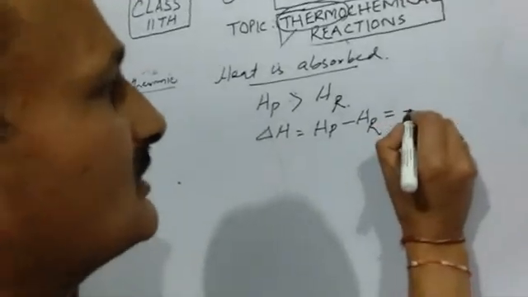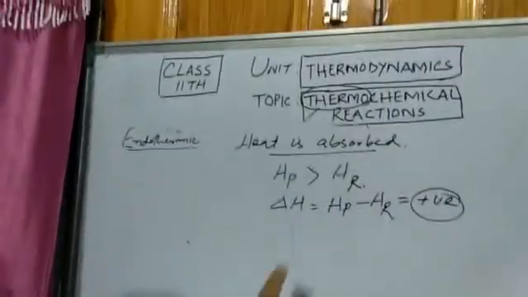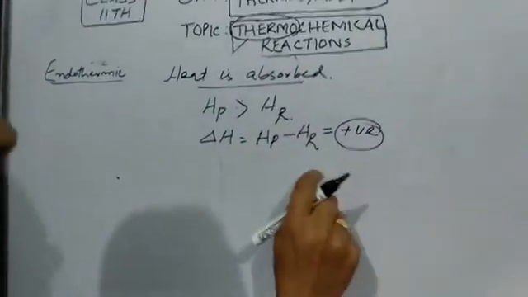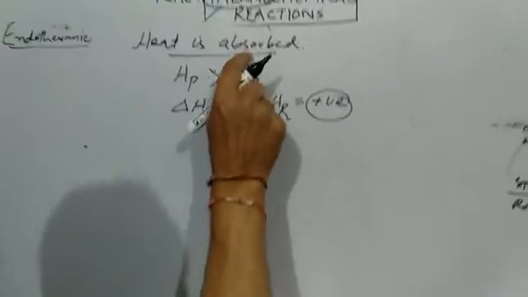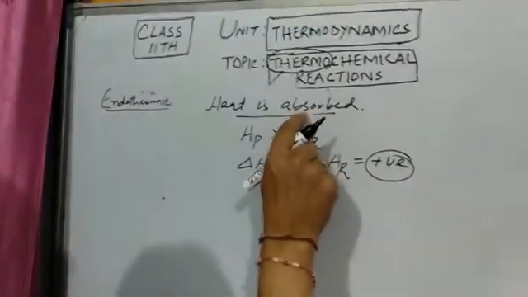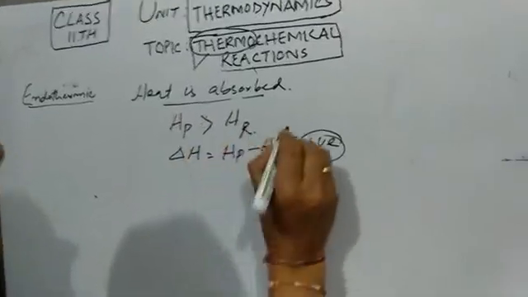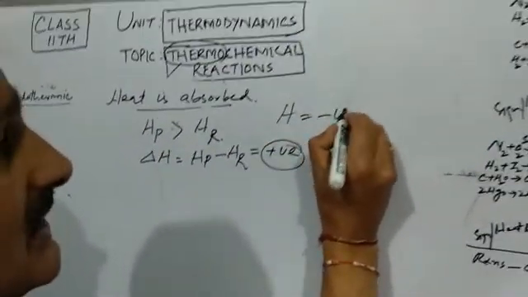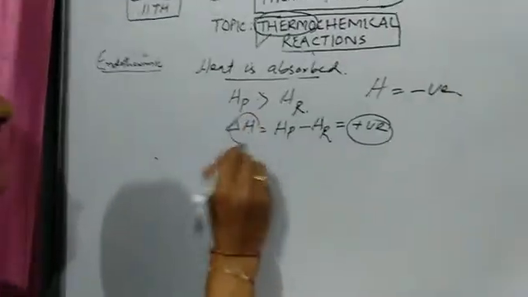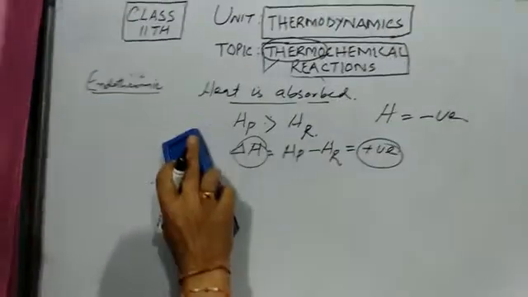This time delta H will be positive, while in exothermic reaction delta H was negative. But here, since heat is absorbed in these reactions, heat absorbed will be given negative sign, but delta H will be given positive sign. So this is all about sign.